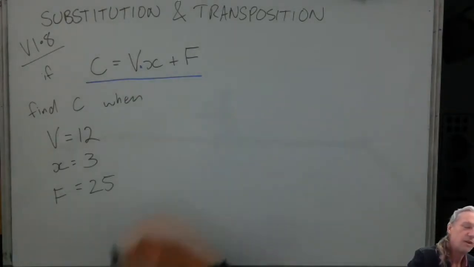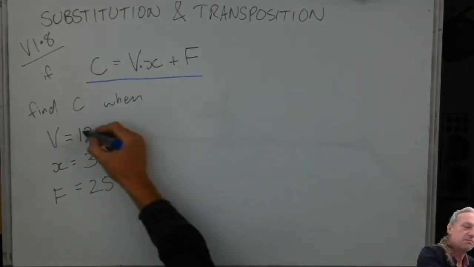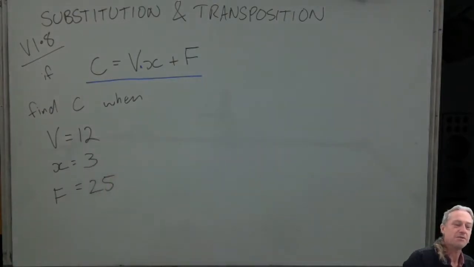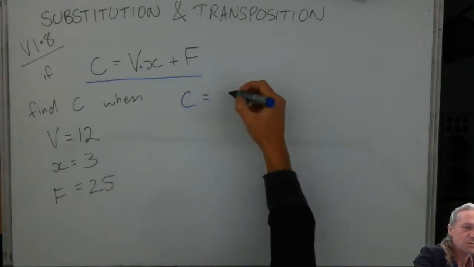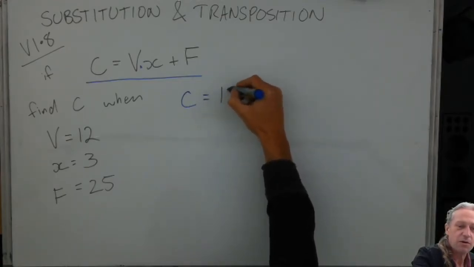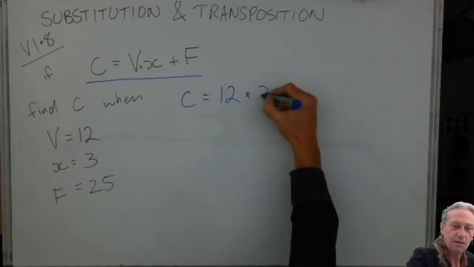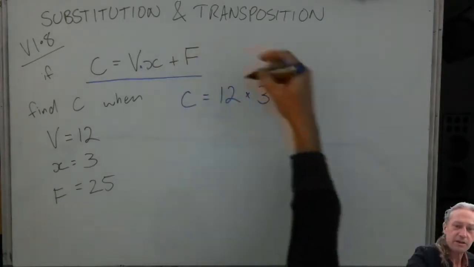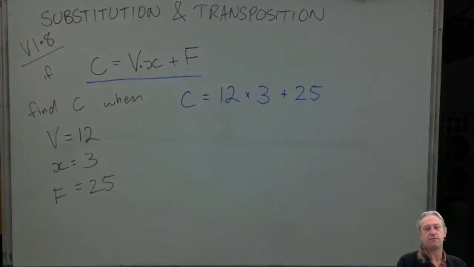First thing to do is write it out again, except substituting in the numbers. So we've got C equals V equals 12. Don't forget there's a little times in there. 3 plus 25.